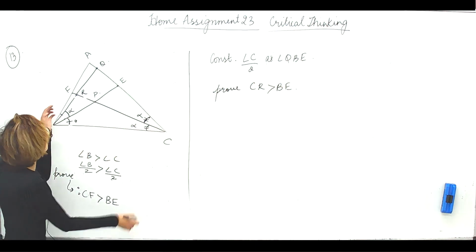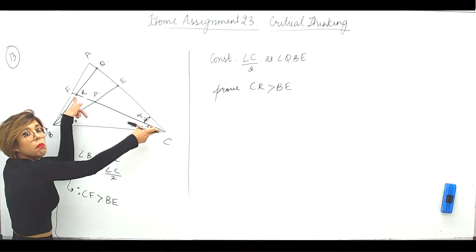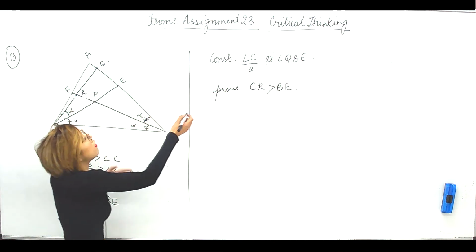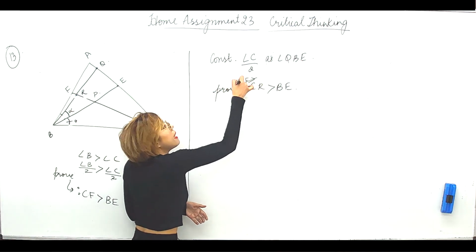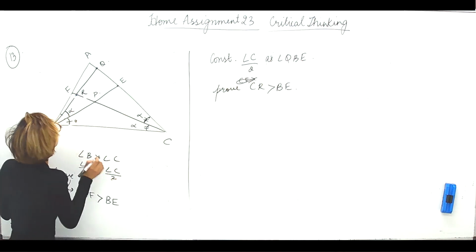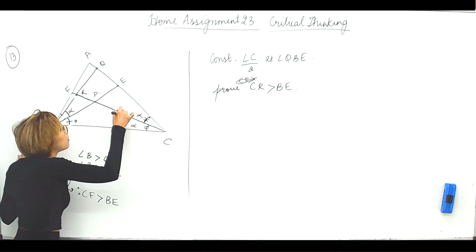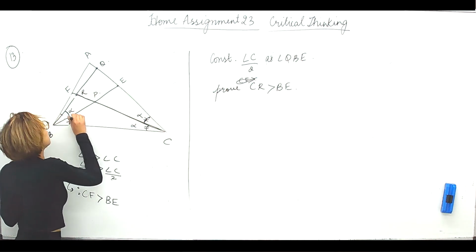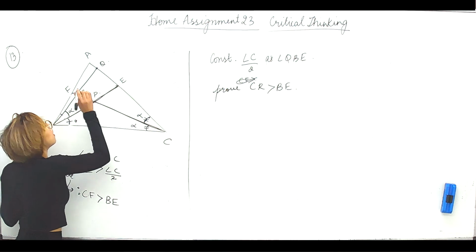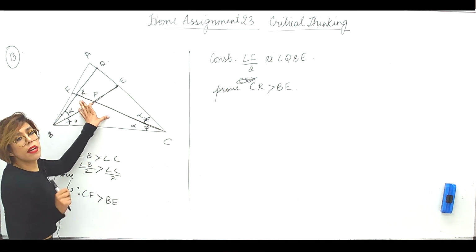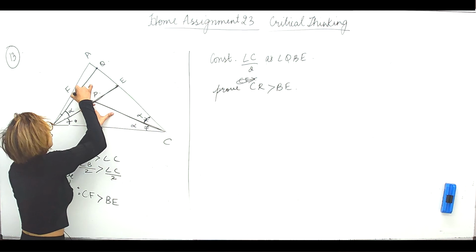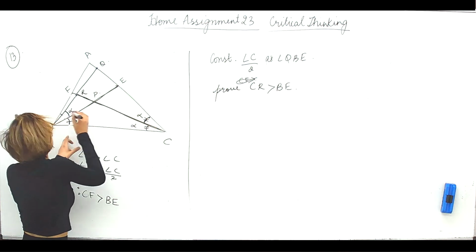So definitely CS is greater than CR. CS is bigger than this, CS will be greater from here too, it will automatically follow. Now I have to prove that this length and this length have some inequality involved. Now CR is involved here, BE is involved here.